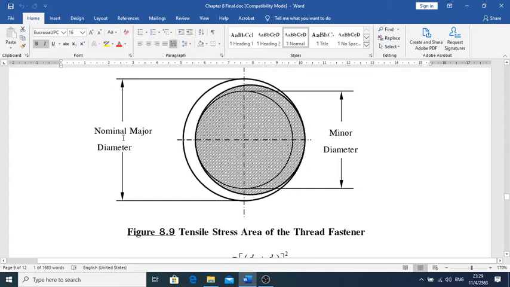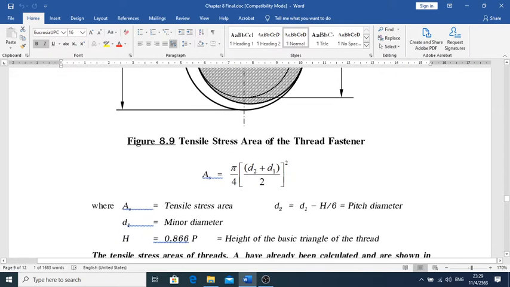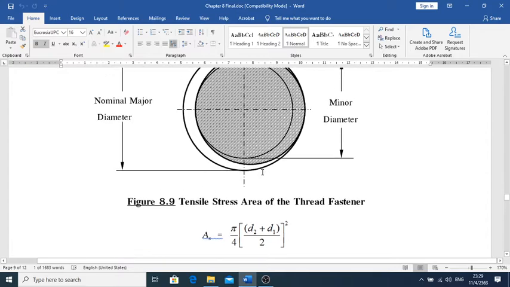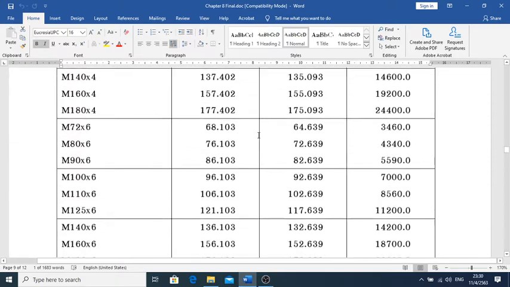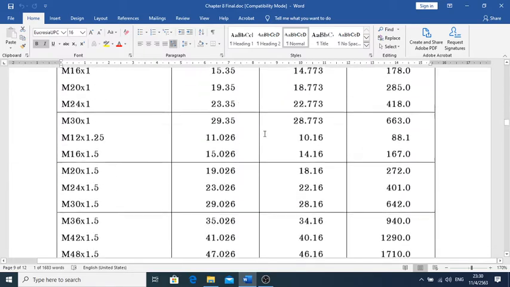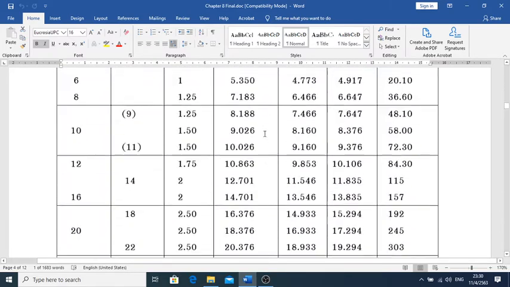It's going to show the nominal major diameter and the minor diameter respectively. So therefore, we're going to have a shaded area or some kind of straight area. So therefore, this is the A sub S. It can be determined on that. We can make a calculation, so therefore, we can find it.